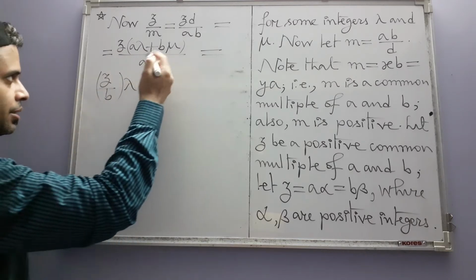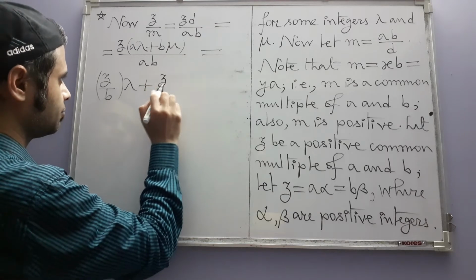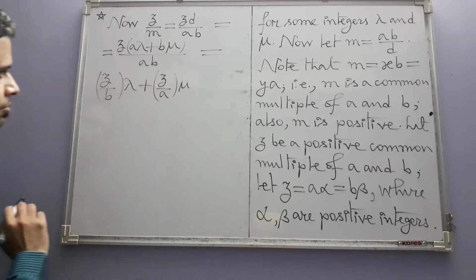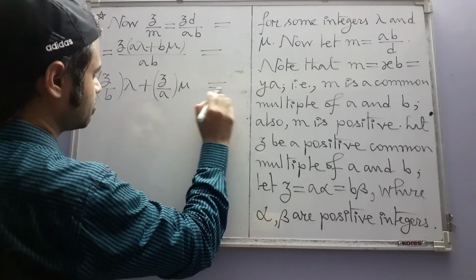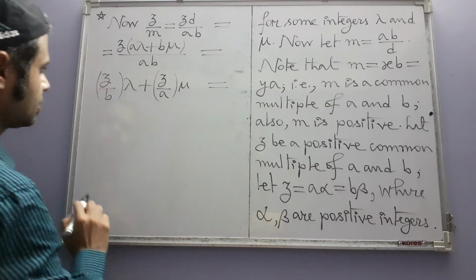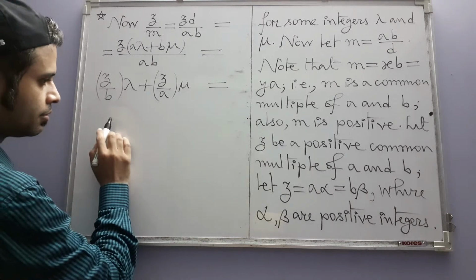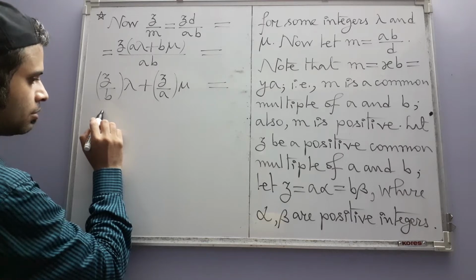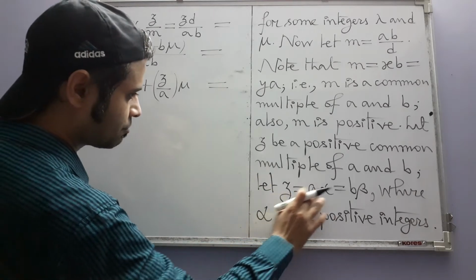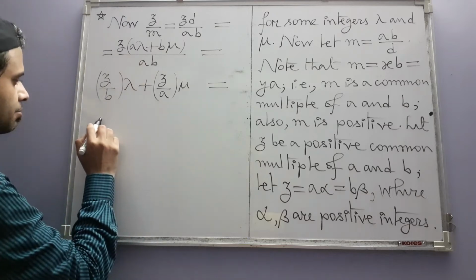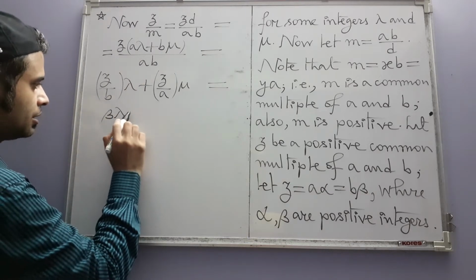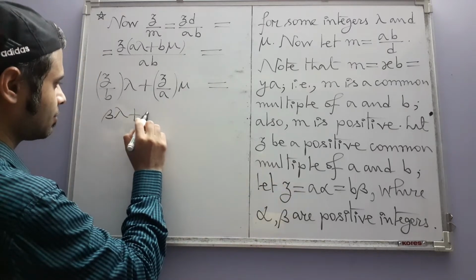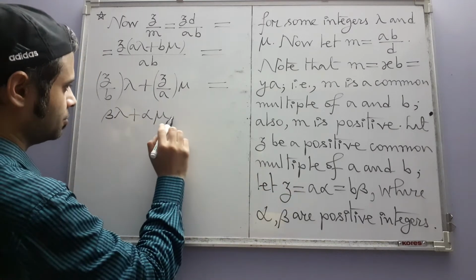In the second term B and B cancel out and we are left with Z divided by A times mu, and that becomes equal to, because of these extra relations, okay, so first we have Z divided by B, so that means this is beta lambda plus Z divided by A is alpha mu.